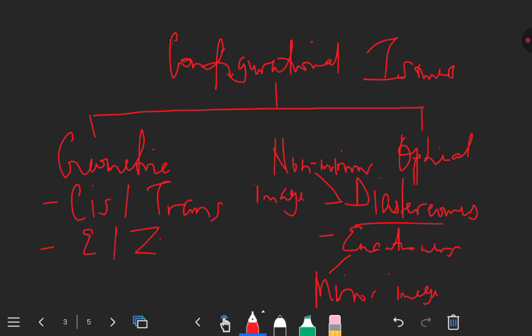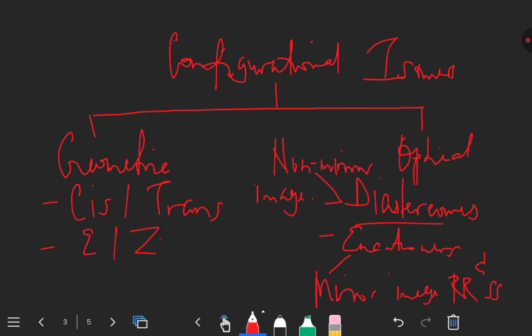So basically, that is the difference between diastereomers and enantiomers. For enantiomers, when we have something like R,R, we look at this configuration, then S,S. We can say that these two are enantiomers. If a molecule has R,R configuration and the other one has S,S, we call them enantiomers.